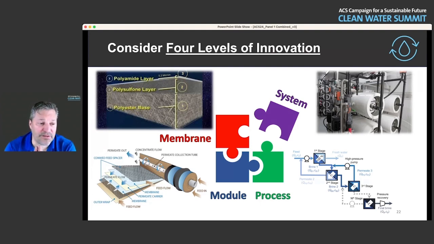In order to do this, we need some innovation. When I think about innovation in terms of membranes, I think on 4 levels: membranes, the modules, the processes, which is the system configuration, kind of like what David was talking about, looking at different process configurations, and the system itself, the hardware components and how it's actually put together and operated.